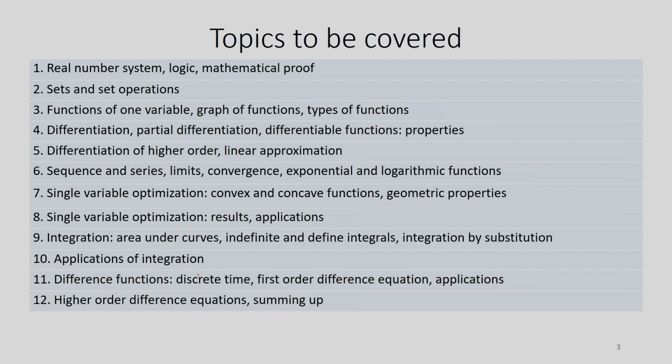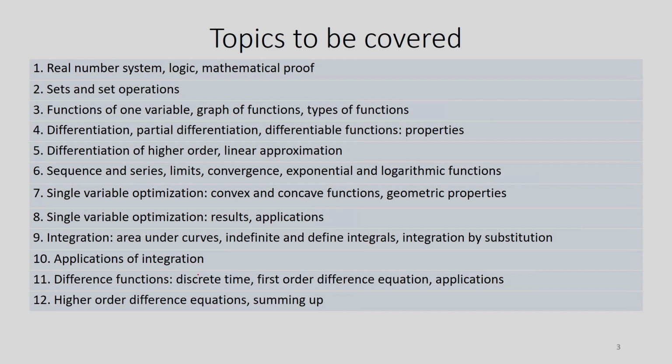Then we are going to talk about differentiation of higher order. Suppose you have differentiated a function, but you want to find out what happens if you differentiate it further. Those are called higher order differentiations. We are going to talk about how to do that and what the interpretations of higher order differentiation are.